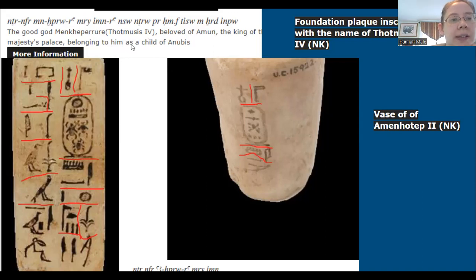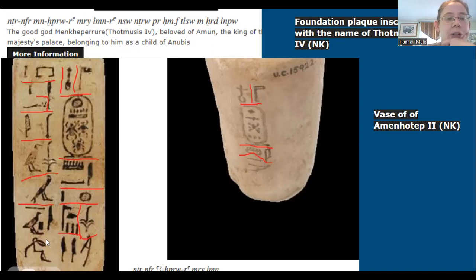So in this case, it's M. So as, and then a child of Anubis.